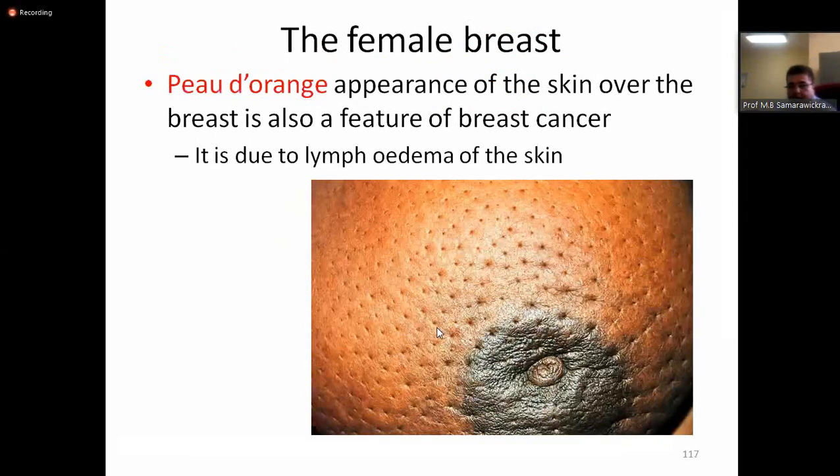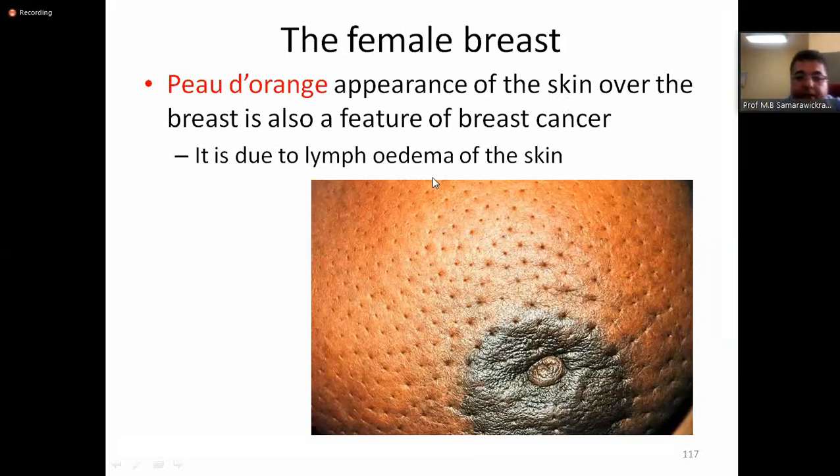And this is the peau d'orange appearance. There you can see the appearance of the skin of the breast is like an orange, right? This is due to the lymphedema of the skin.